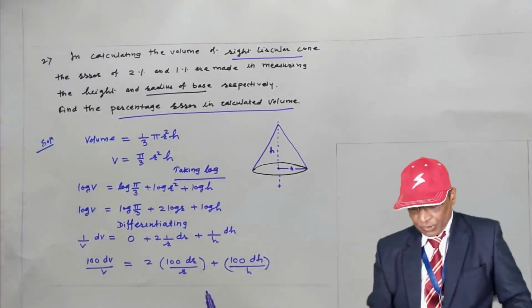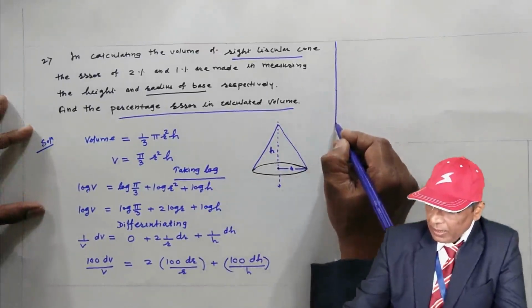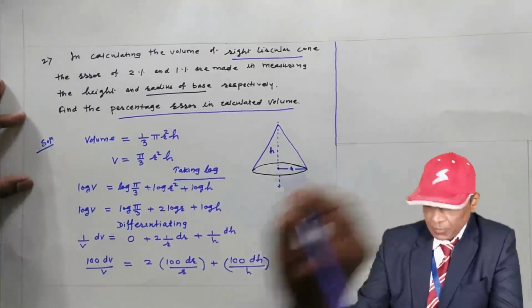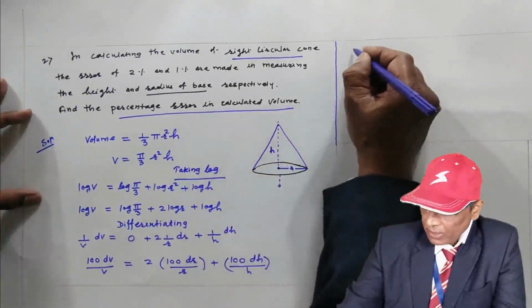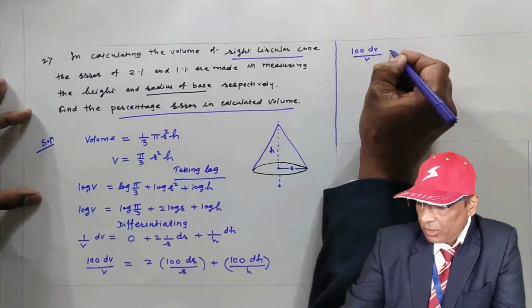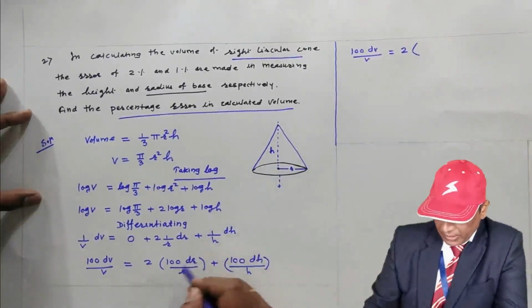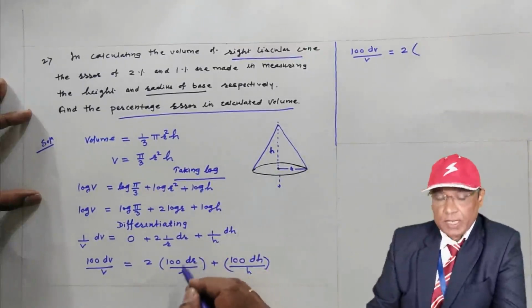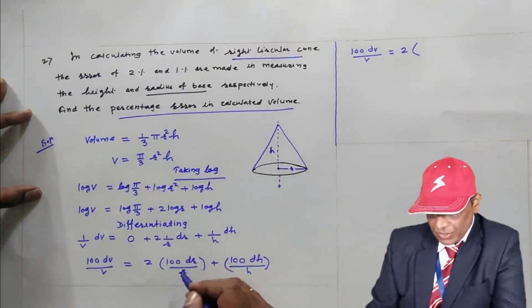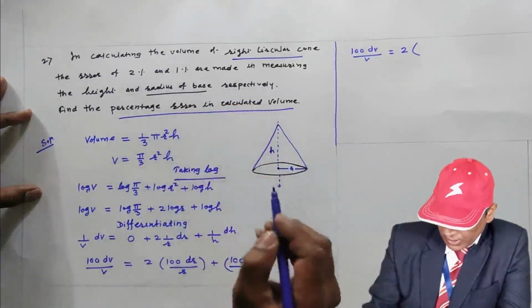Now the next step. 100 dV by V is a percentage error in V that we have to calculate. 100 dr by r is percentage error in radius of the base. What is the percentage error in radius of the base? It is 2. This is given.